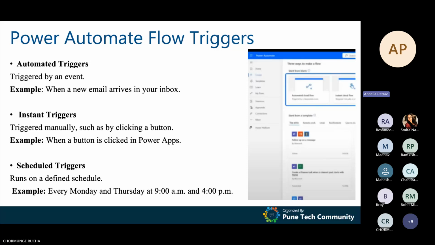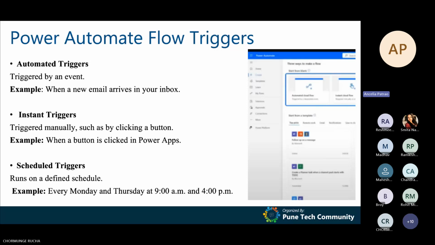Like when a button is clicked in Power Apps, then the event starts. Coming to the scheduled triggers, it runs on a defined schedule. So as I mentioned in the example, every Monday and Thursday at 9 o'clock a.m. and 4 o'clock p.m. So this schedule triggers the event every Monday and Thursday at 9 o'clock and 4 o'clock. So this can make things so easier.